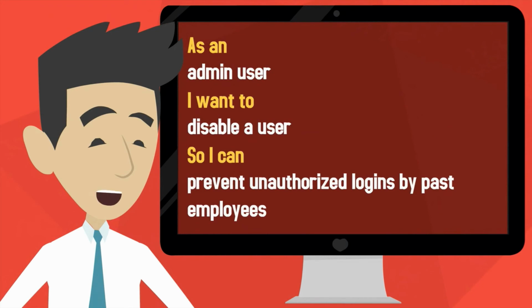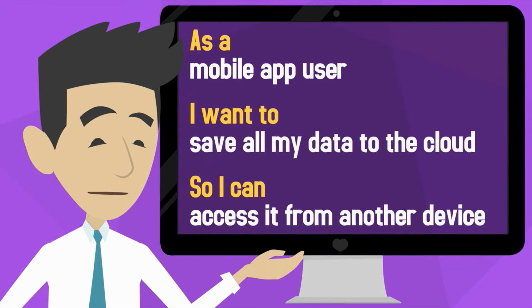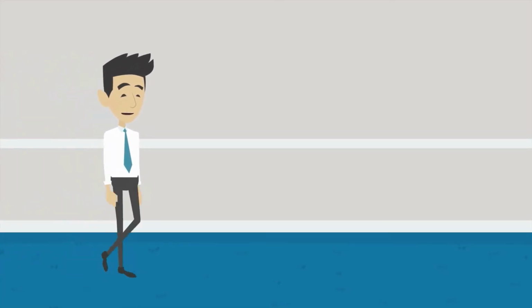As an admin user, I want to disable a user so I can prevent unauthorized logins by past employees. As a mobile app user, I want to save all my data to the cloud so I can access it from another device.